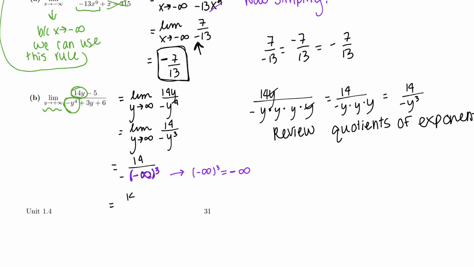So now we would have 14 over negative infinity, because this negative sign is still out here. A negative and a negative, that's just going to make positive infinity. So we have 14 over infinity, and we already talked about those coming out to be 0. Now, you could have seen that happening right here. It doesn't matter if it's negative or positive on the bottom. It wouldn't have mattered if we had 14 over negative infinity. Either way, it would have come out to be 0. But regardless, it's good to practice.